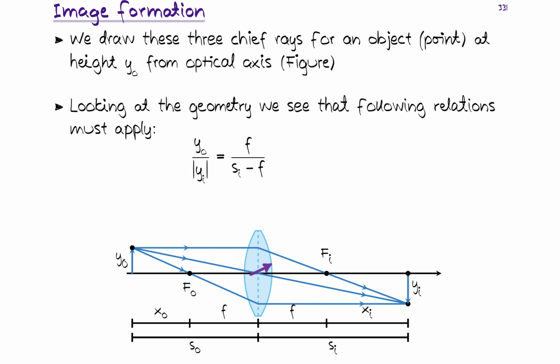yo divided by f. So I'm moving this f to the other side and this y to the other side, and then I see that I have yo divided by f here, and this is equal to the tangent of this angle. Let's call this alpha. Then I have something similar here with the same angle, but a different length and a different height.